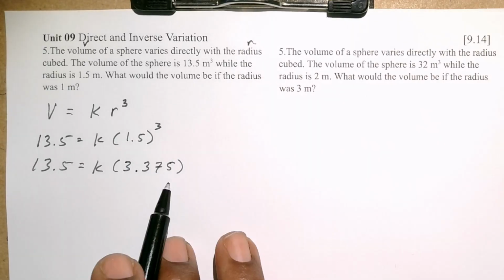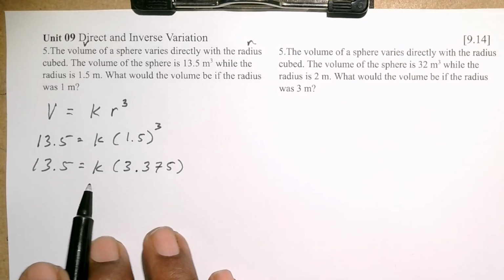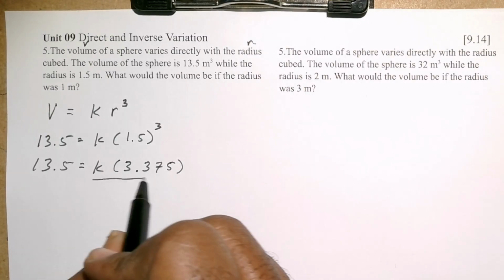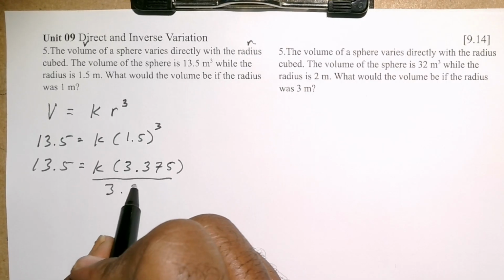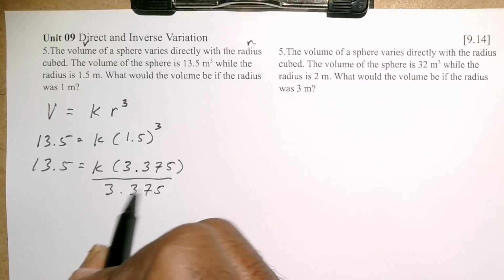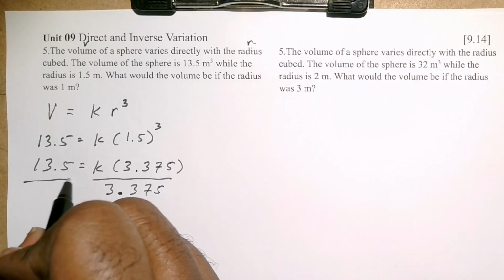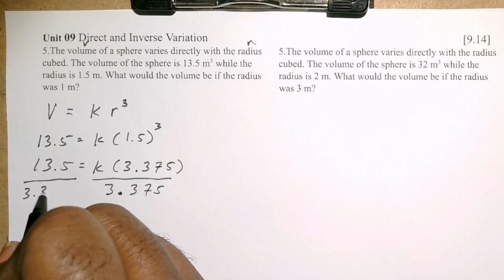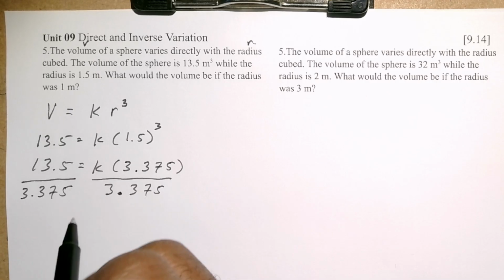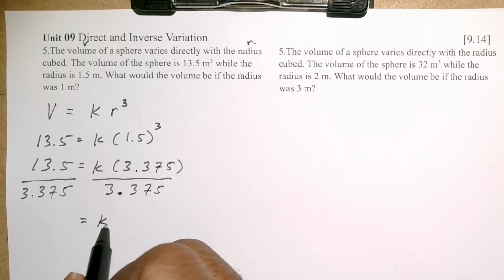Now we're going to take this and solve for the constant k. So I'm going to divide both sides by 3.375, and we'll get k here.